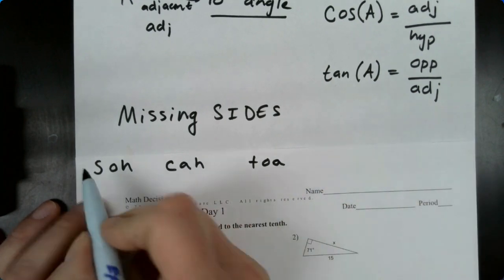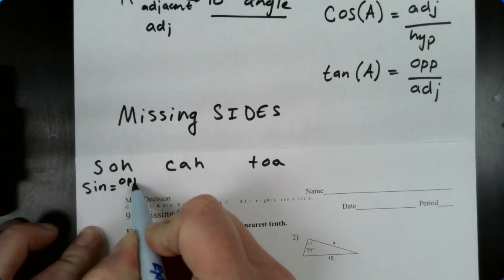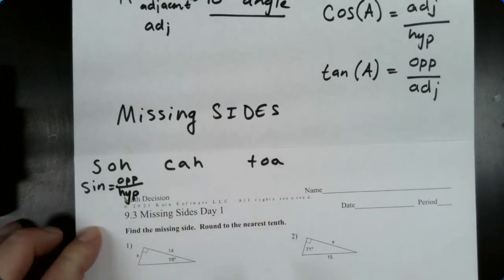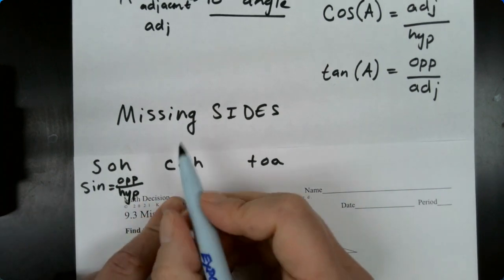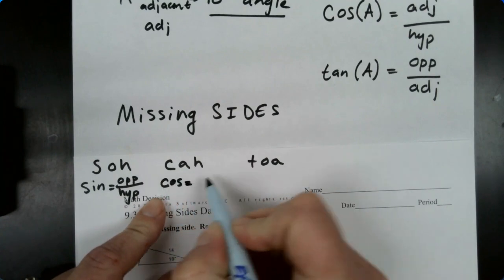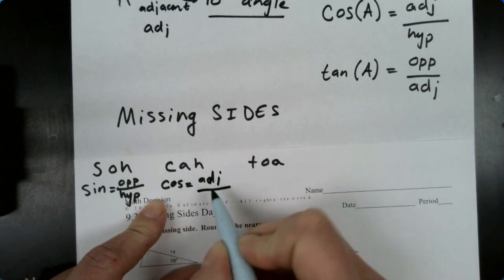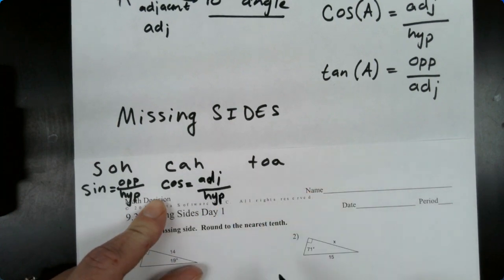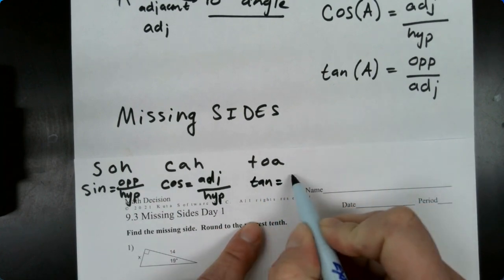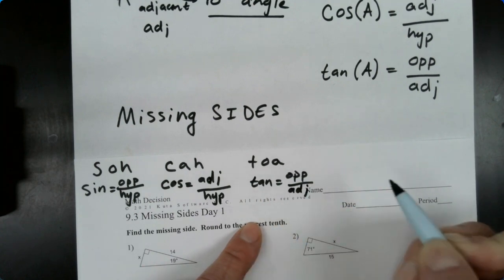Remember, the sine of the angle is the opposite side over the hypotenuse. If you have this in your notes and you don't want to write it down, that's okay. I like to have it on my paper. The cosine of the angle is equal to the adjacent side over the hypotenuse. And the tangent is equal to the opposite side over the adjacent side.